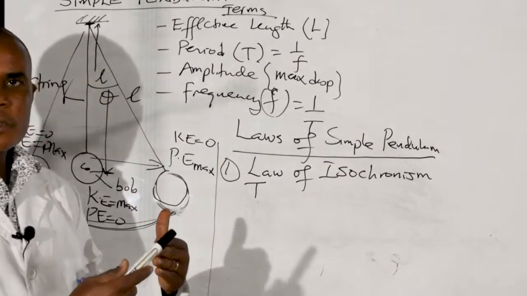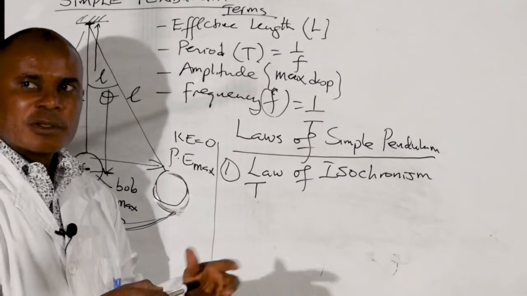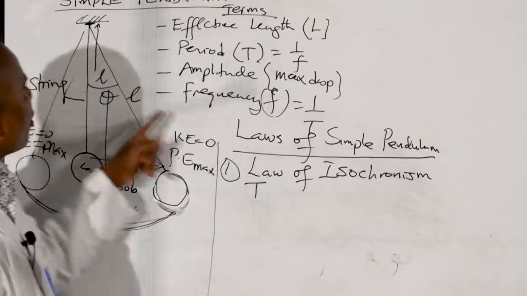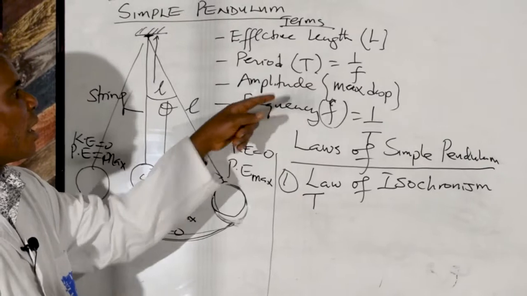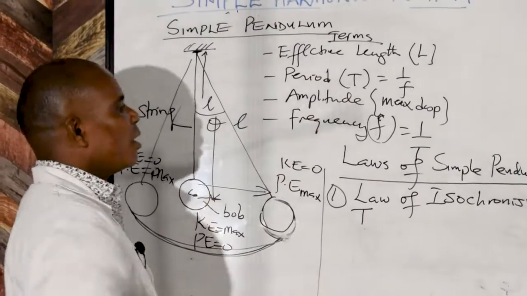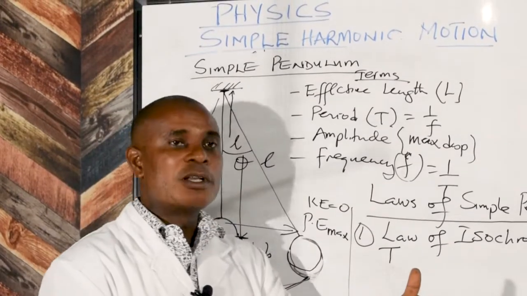So how do I know that I'm within the limit such that my period will not be affected? I have to ensure that the angular displacement, which is what we call the angular amplitude, is within a particular limit.